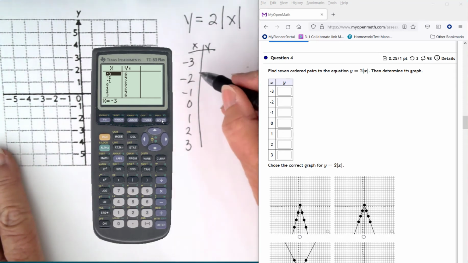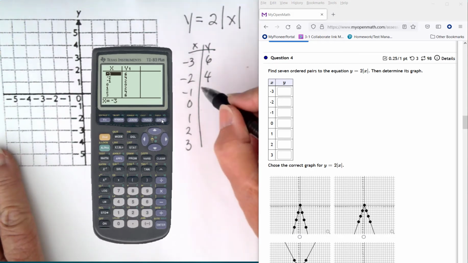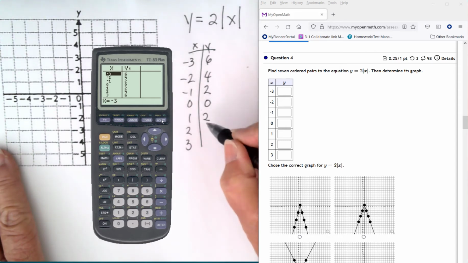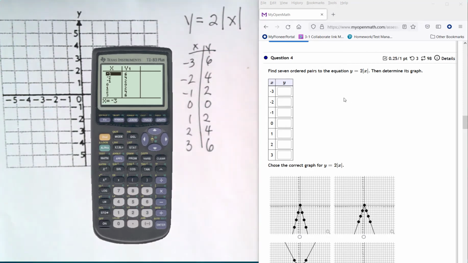And we'll fill in. So we need 6, 4, 2, 0, 2, 4, 6. And we can put those in. And we'll also pick our picture out. So we have 6, 4, 2, 0, 2, 4, 6.